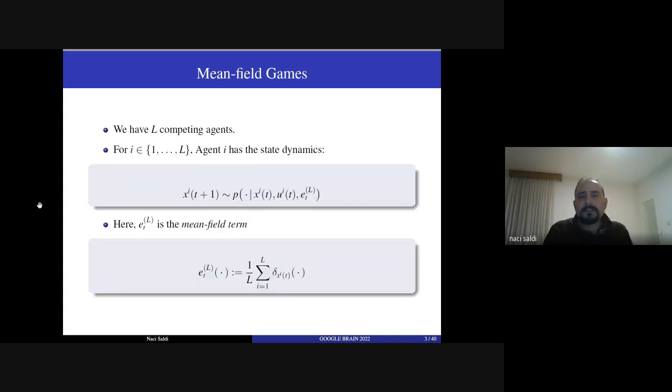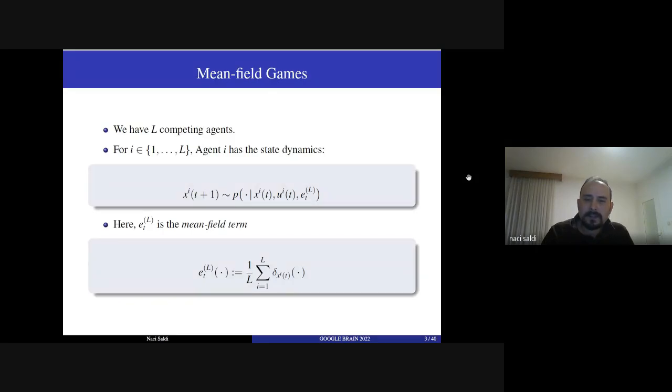So this is the setup in the finite agents setting. We have L competing agents, and each agent has the following state dynamics. P is the transition probability of agent i, and this transition probability is identical for each agent.